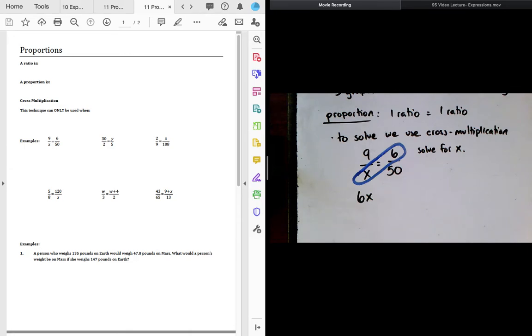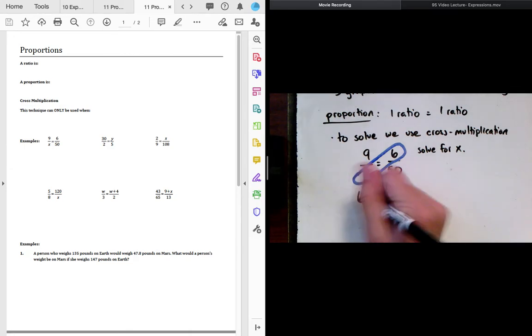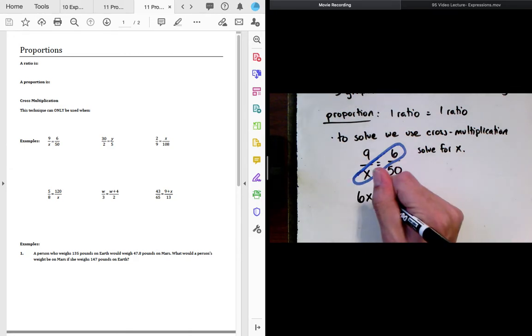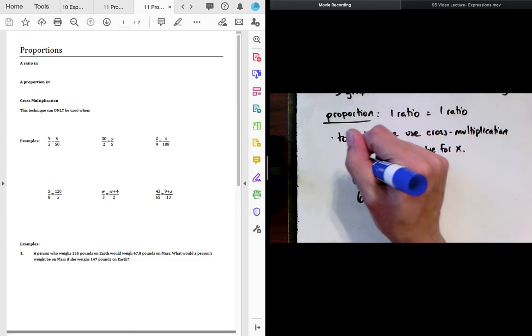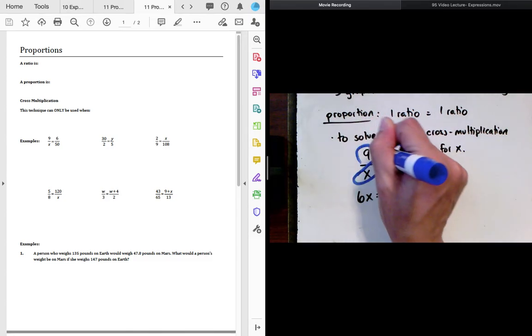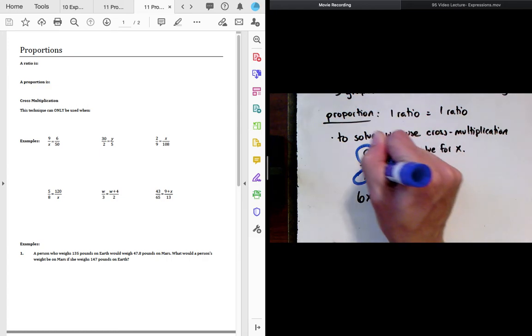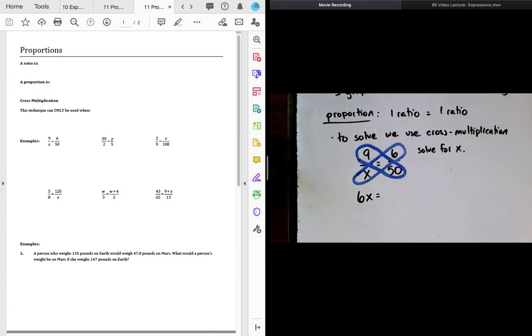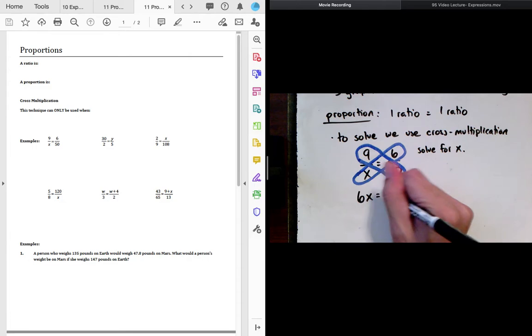I also like to put the term with the variable in it on the left. And then I can say that that's now equal to cross multiplying the other two values together. So now I'm going to multiply 9 times 50. 9 times 50 gives us 450.